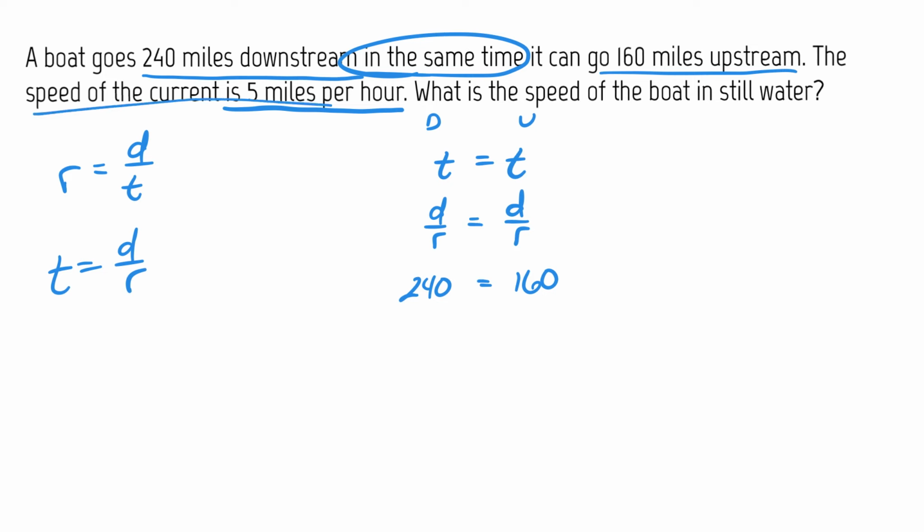The current is 5 miles per hour. We don't know the rate that he's traveling, but if he's going downstream, the current is adding to his speed, and if he's going upstream, the current is subtracting from his speed. Drop those parentheses.